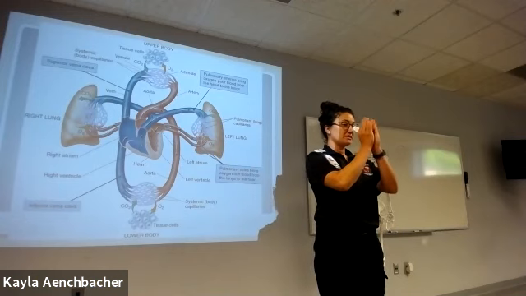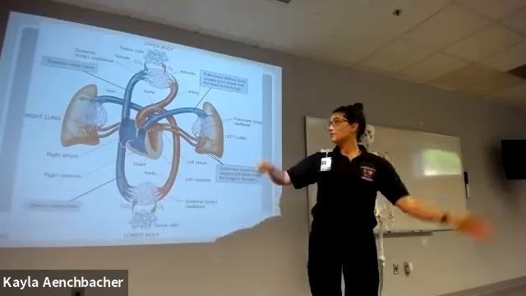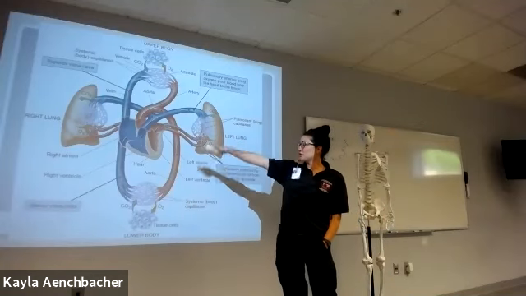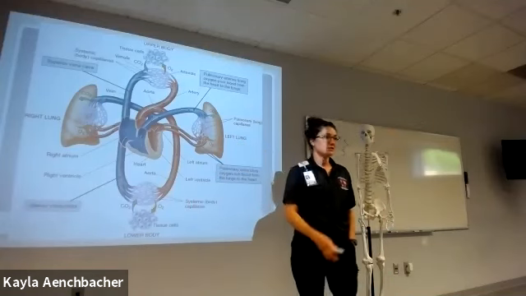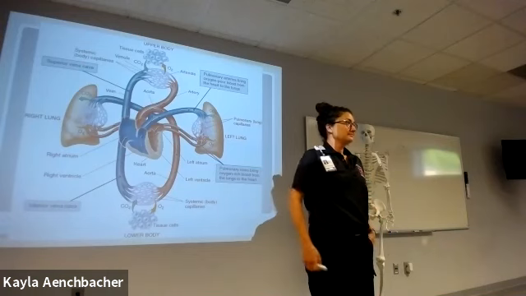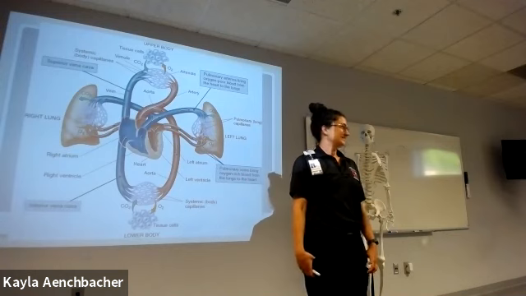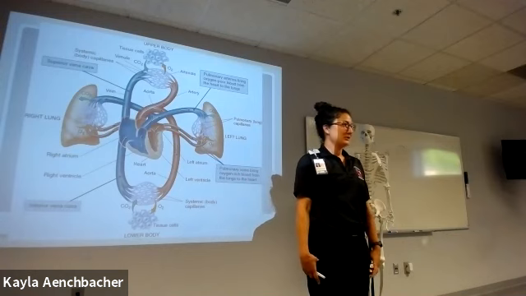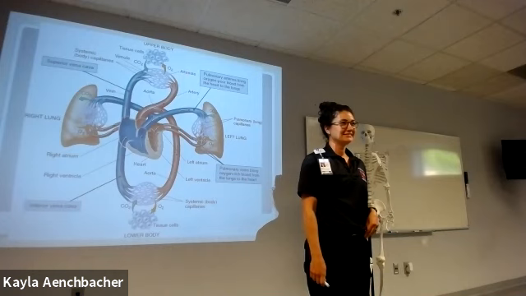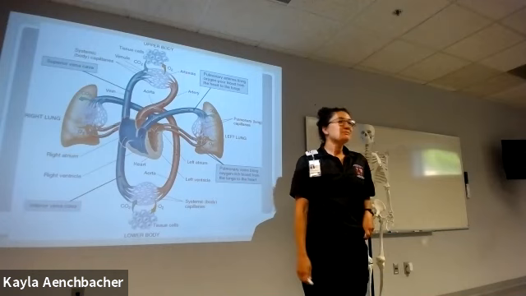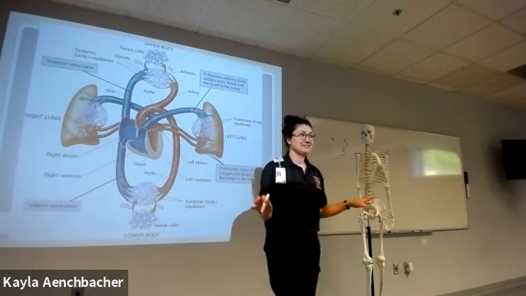That will turn into my systemic veins. That will eventually lead back to the superior and inferior vena cava, and we start all over. Boom. Boom goes the dynamite. Yeah, guys, I don't expect you to have this memorized by today, okay?